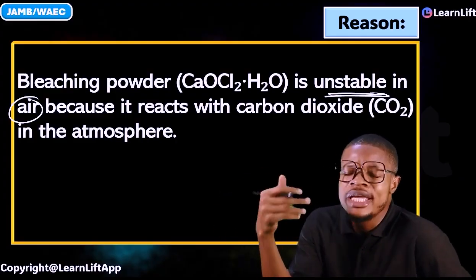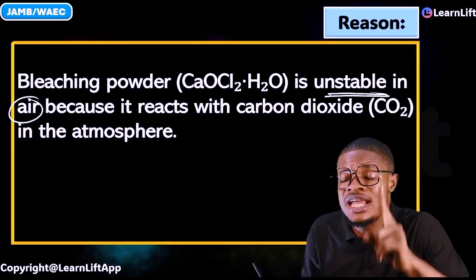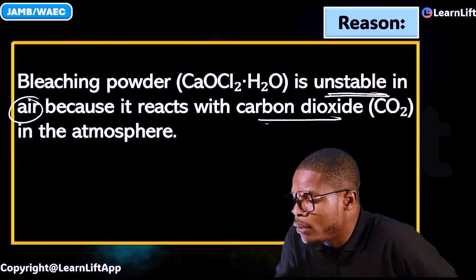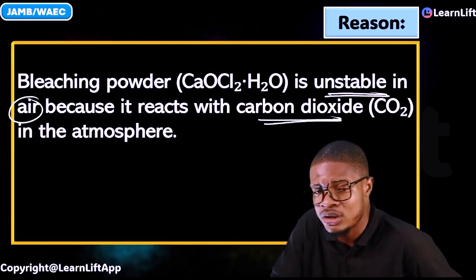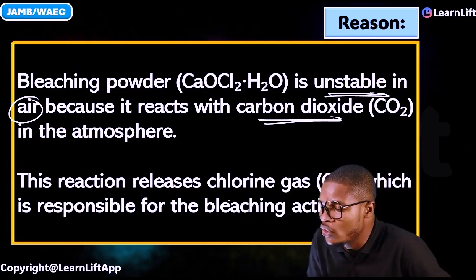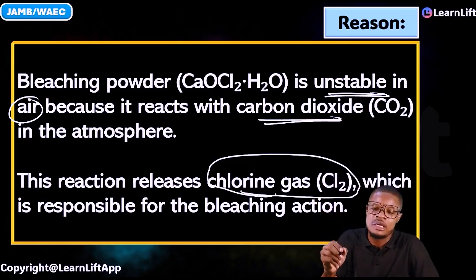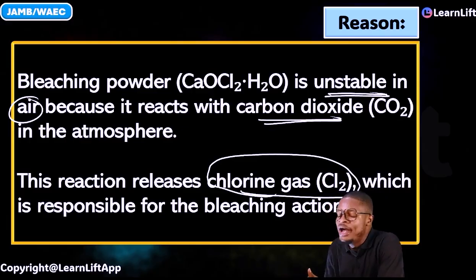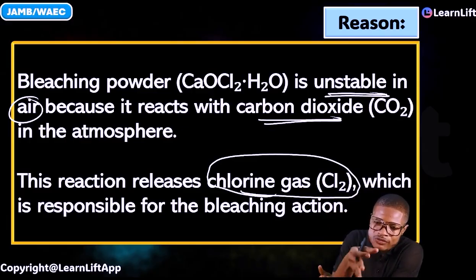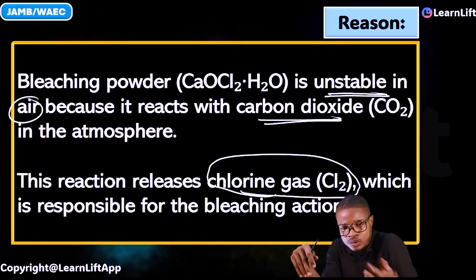Because it is unstable, it will react with air. Not all the components of air, no. It will only react with the carbon dioxide. When it reacts with it, what is going to happen? Very simple. It's going to displace chlorine gas away from it at the end of the day. So anytime your bleaching powder reacts with air, which component of air is going to react with it? Your carbon dioxide. So it's going to displace the chlorine away from it.